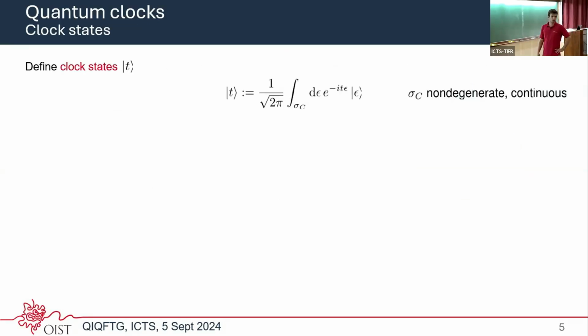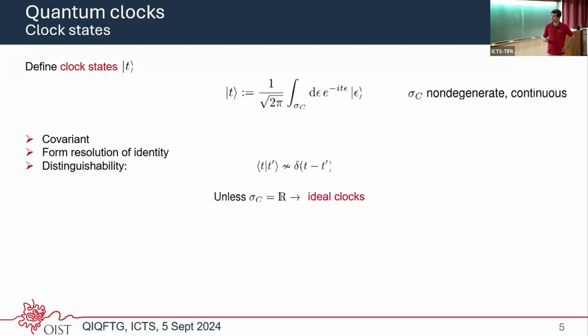So how do we create this time observable? We start by creating these clock states from the energy eigenstates of the Hamiltonian, so this is an integral over the spectrum of the clock Hamiltonian. For this case, we will just consider it to be a non-degenerate continuous Hamiltonian. You can also consider periodic or degenerate cases, but we will just focus on the simplest case. Some properties of these clock states are that they're covariant, so they just evolve with the clock Hamiltonian, and they form a resolution of the identity on the clock Hilbert space.